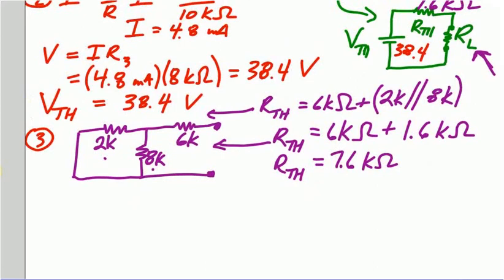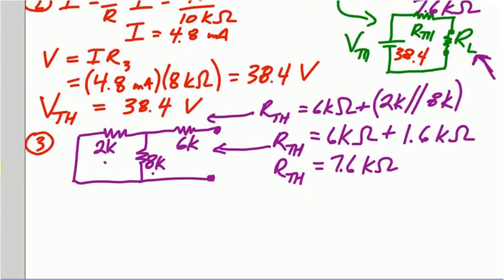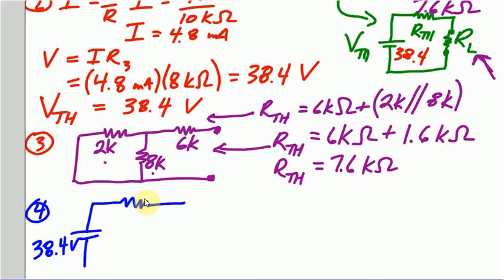And there, I'll just make sure we can still see it all. So there. And let me just grab a different color here. So then the circuit's going to look like this. We've got the Thevenin voltage, which we determined to be 38.4 volts. The Thevenin resistance we determined to be 7.6K ohms. Inserting the load resistor, which was 7K ohms, would look like this.